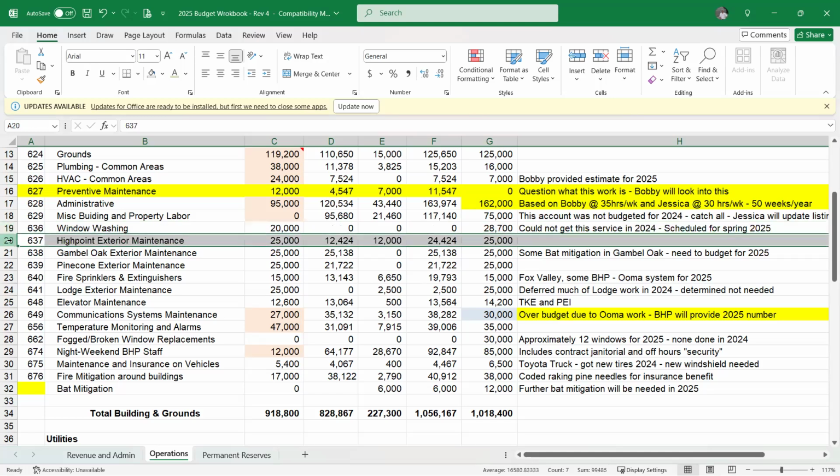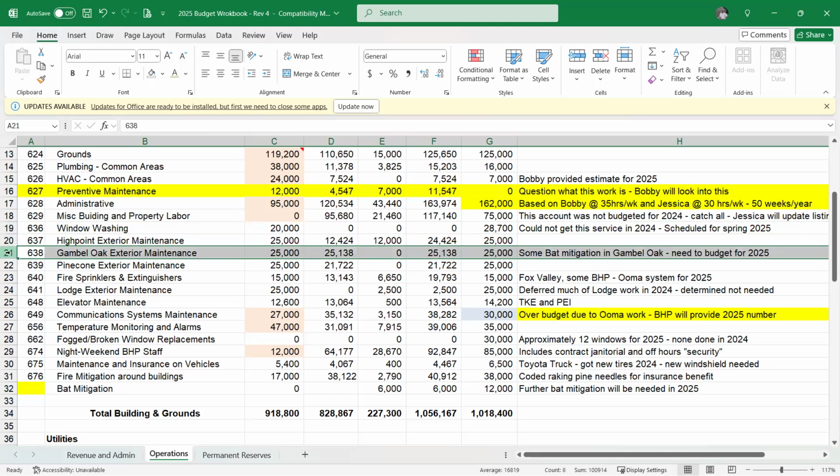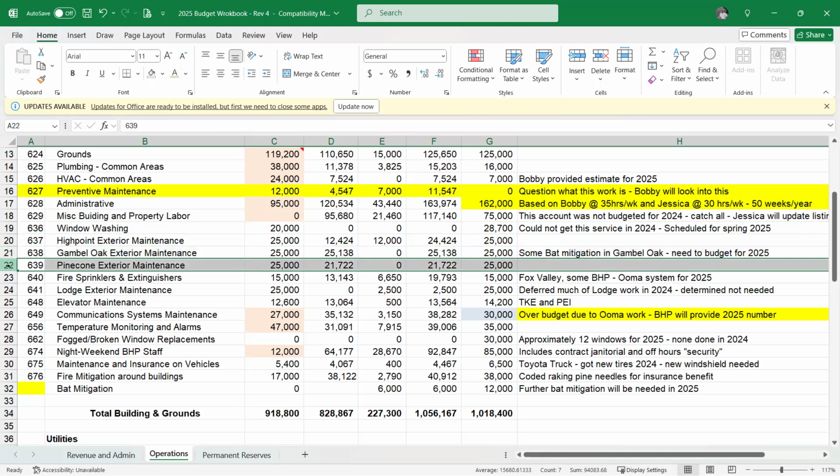Okay, High Point exterior maintenance is going to come in pretty much right on budget. Gamble Oak, same thing. Pine Cone, a little bit under budget, but we'll keep it at the same level. We've got to keep these buildings in good shape.